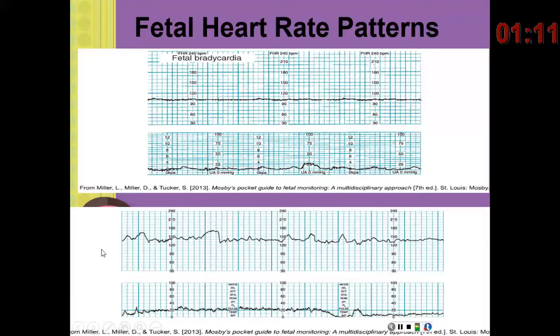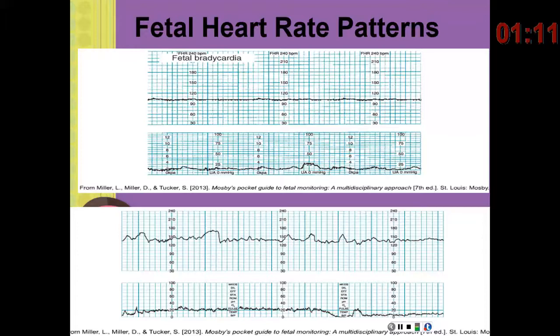So that's a beautiful strip. Now we can't see any contractions down here. This looks like maybe mom was rolling over or something. So we don't have any periodic changes because we don't have any contractions.